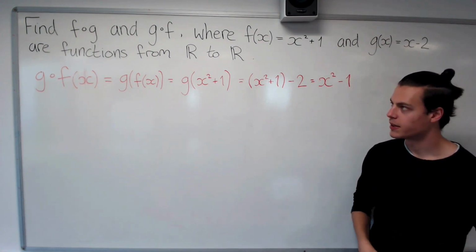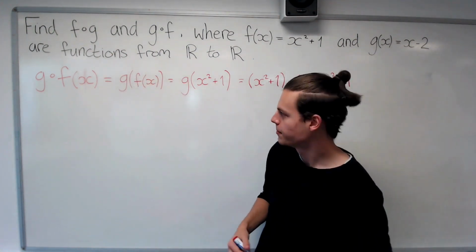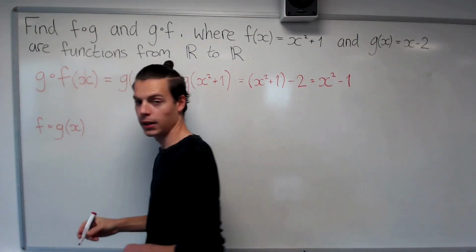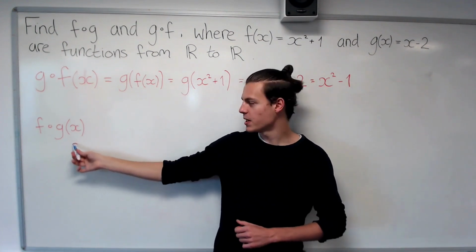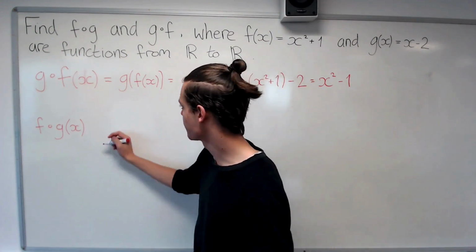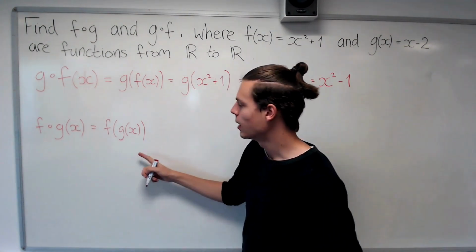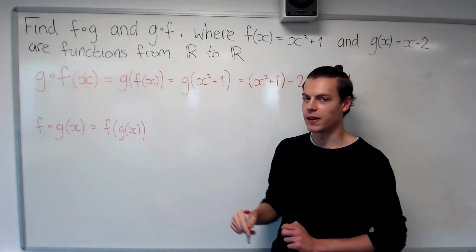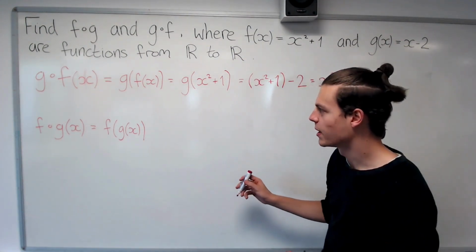Okay, now let's do f composed with g. So this time we'll be applying g first, followed by f. So applying g to our value x, we get x minus 2.